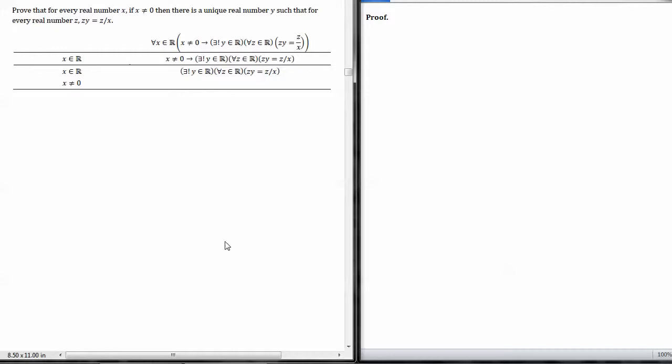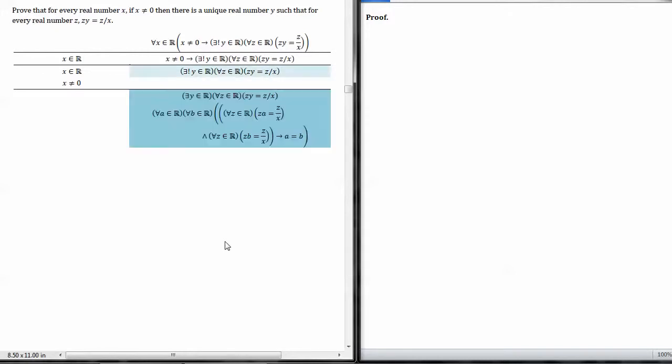And here is our existence and uniqueness proof. So that becomes two parts: existence on the first line, and then uniqueness spread across the next two lines. And let's take those two goals one at a time.